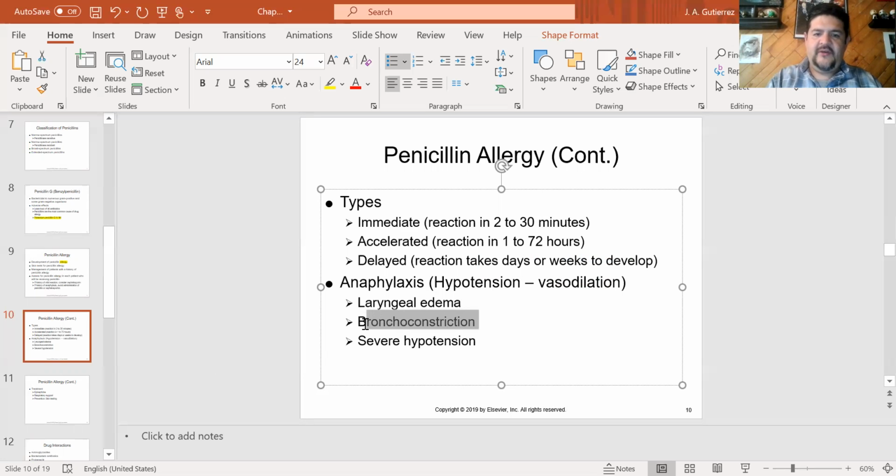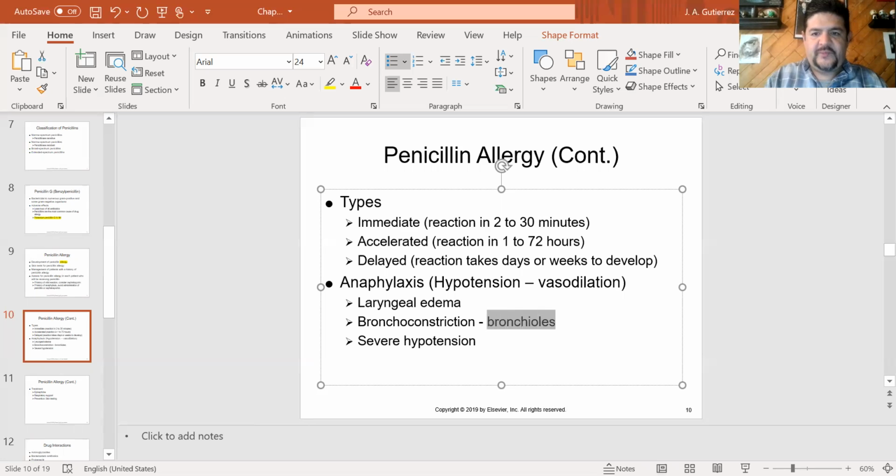Here there should be bronchoconstriction, but the reason they have bronchoconstriction is because now they have edema in the bronchi. Worst case scenario, it would be in the bronchioles.